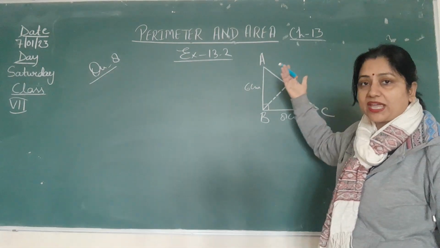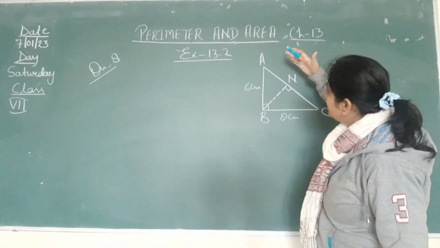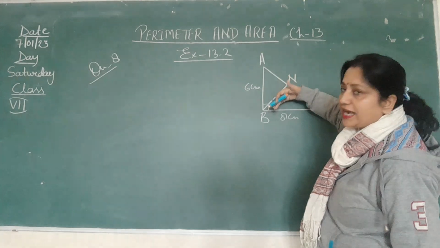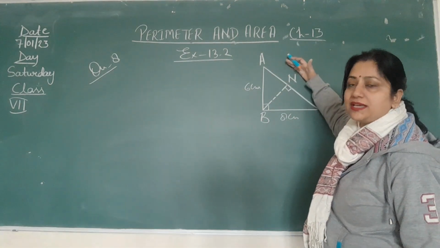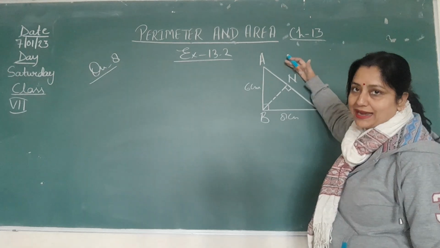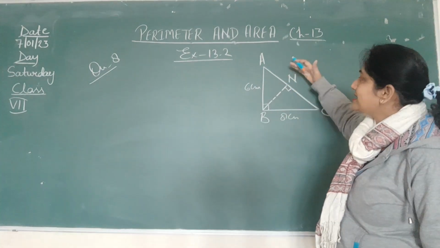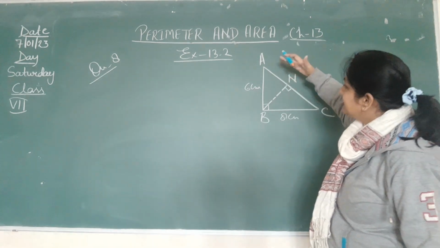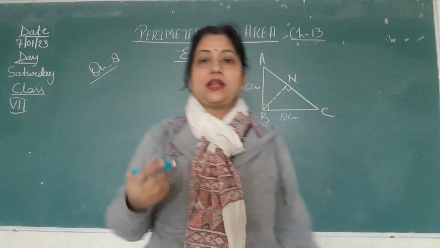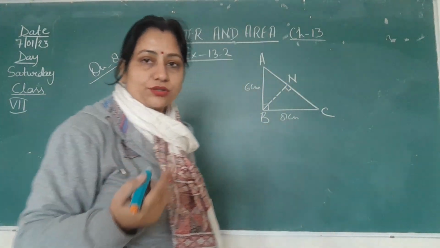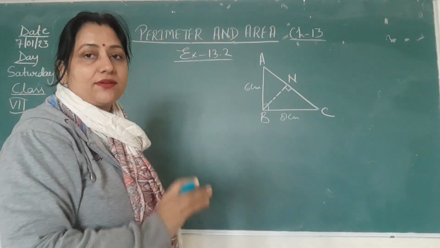We know that area of triangle is equal to 1 upon 2 into base into height. So before finding this height we have to know this side of the right angle triangle. So first of all we will use Pythagoras theorem to find the base of this right angle triangle, which is AC.